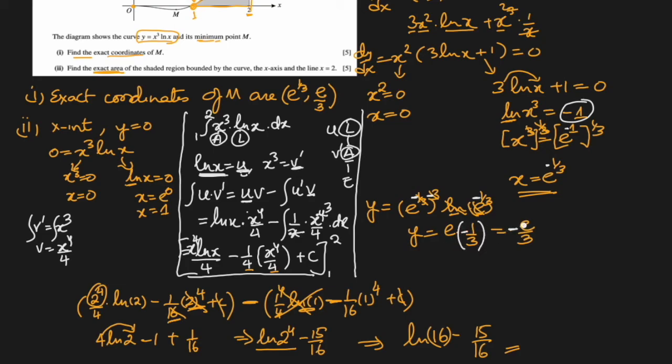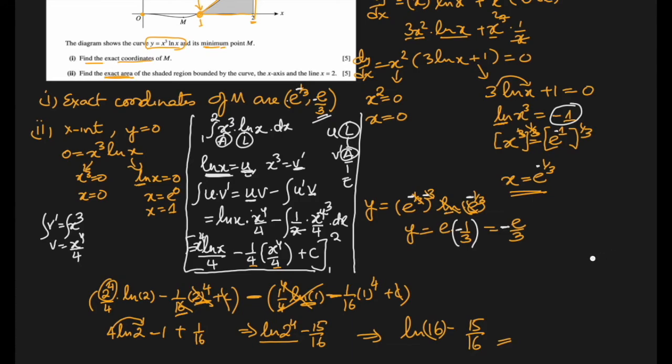So the exact coordinates of m are e to the power minus 1/3 and minus e over 3. This I casually did not look at, because m is below the x-axis. This had to be negative, and that's why I needed to correct this one. I apologize for the mistake and inconvenience. Thank you very much for paying attention.